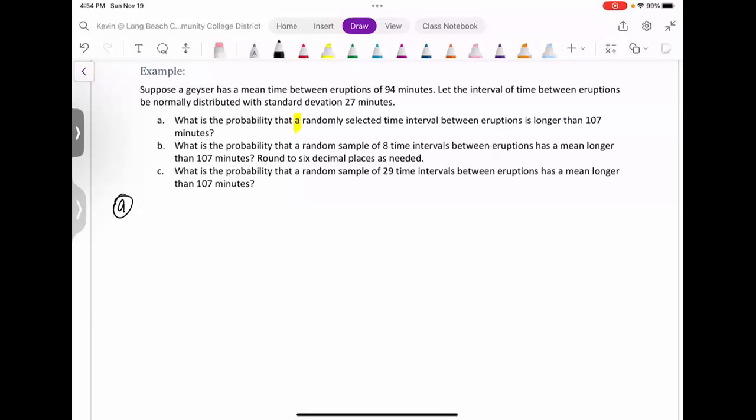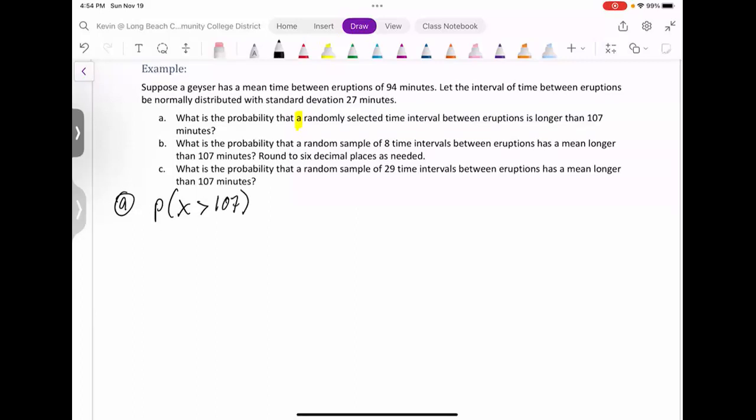So this is going to be the probability that x is bigger than 107 minutes. Well, that's just normal CDF of 107, infinity, a big number. The mean is 94 minutes. The standard deviation in this case is just 27.